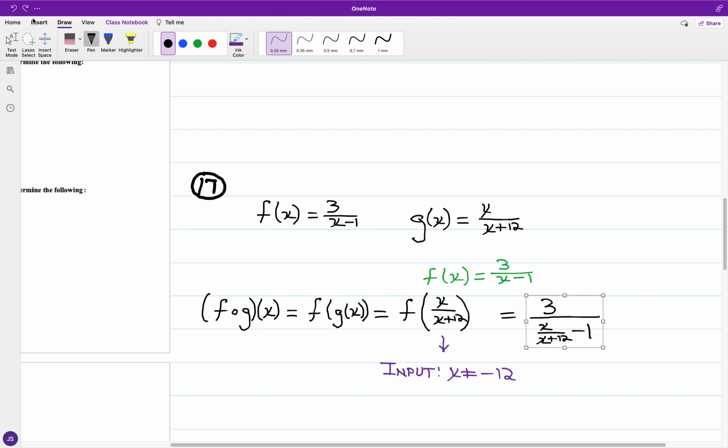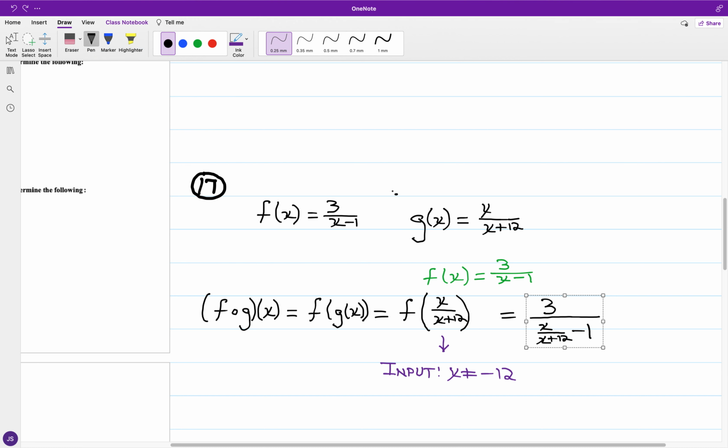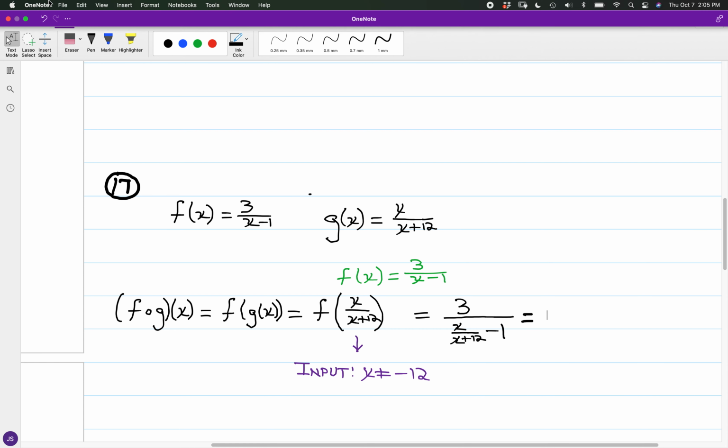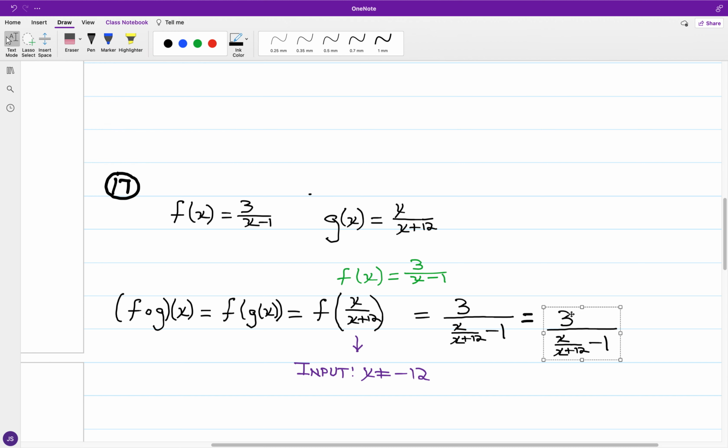So in setting things up, I'm multiplying this ratio by 1 in the form of x plus 12 over itself.